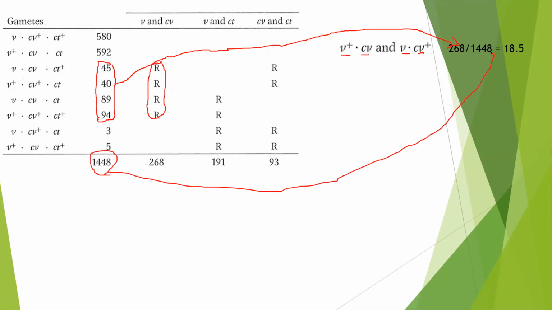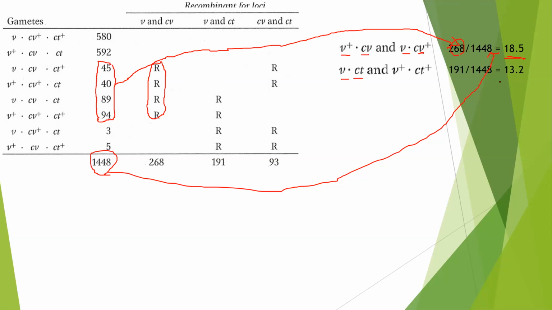This will be the denominator, and these 4 numbers add up to this number in the numerator. So the genetic distance between V and CV should be this. This is very simple, right? It's not that hard. All right, so you can repeatedly do this for the other 2 genes.